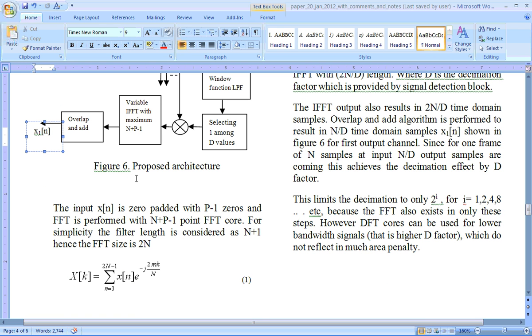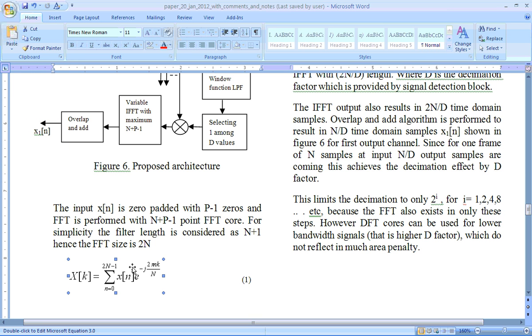I think I have explained this somewhere. Let me see that. The mathematical equations are there. The input X of n is zero padded with P minus 1 zeros and FFT is performed.